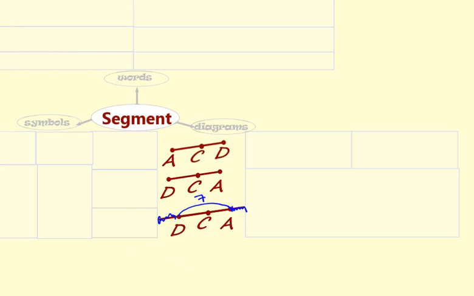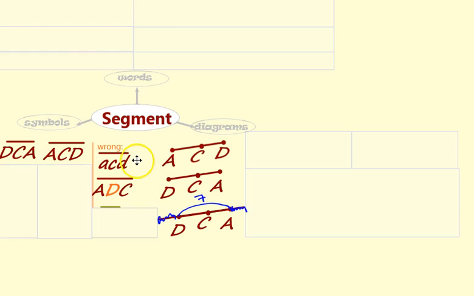But these are facts that we're already familiar with. So we will use the symbol of a segment, like a bar on top, as we name it. Again, the order left to right, right to left would not matter, but you must make sure C is between letters D and A. Let's consider these examples of incorrect usage of symbols.